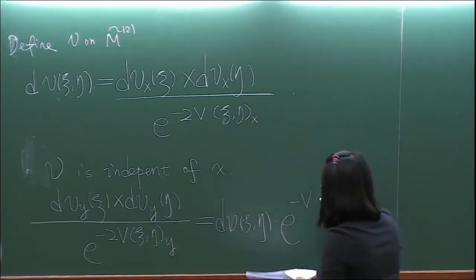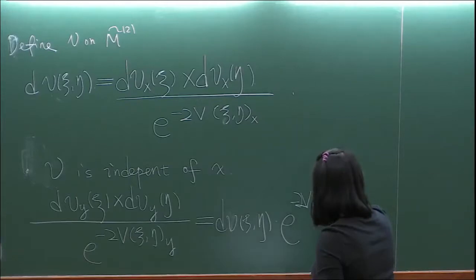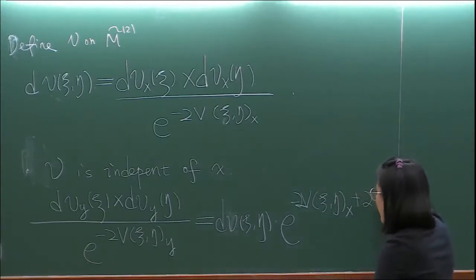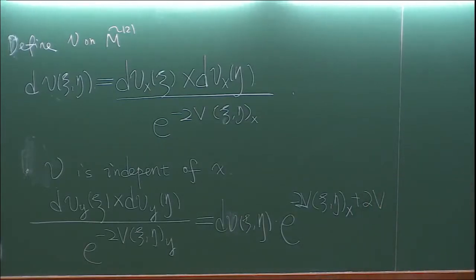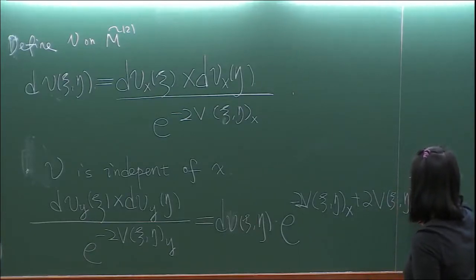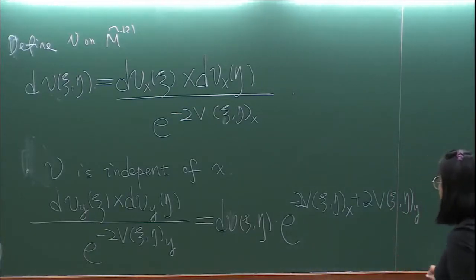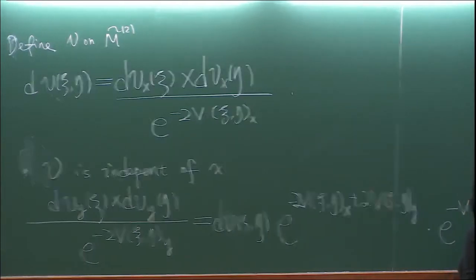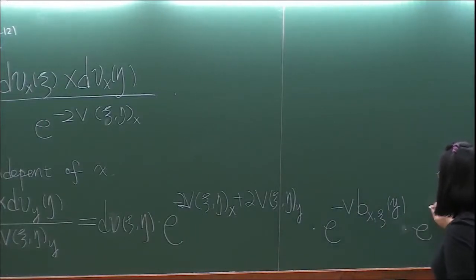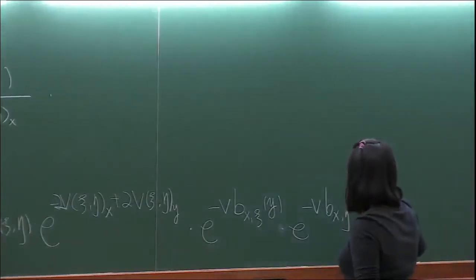And then you will have 2v, and here you have the Gromov product at x, then you plus 2v Gromov product at y, and then I will continue in this way, e to the power minus v x c, e y, and e to the power minus v x eta y, right?